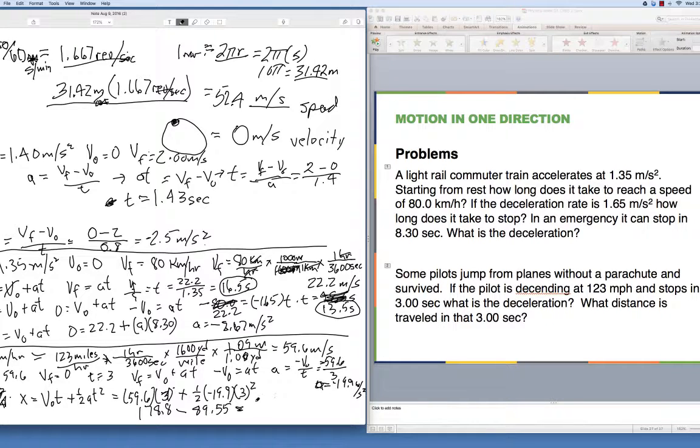So we've traveled 89.3 meters. Again, if you have any questions about how I did these, bring them up in class on Monday, okay?